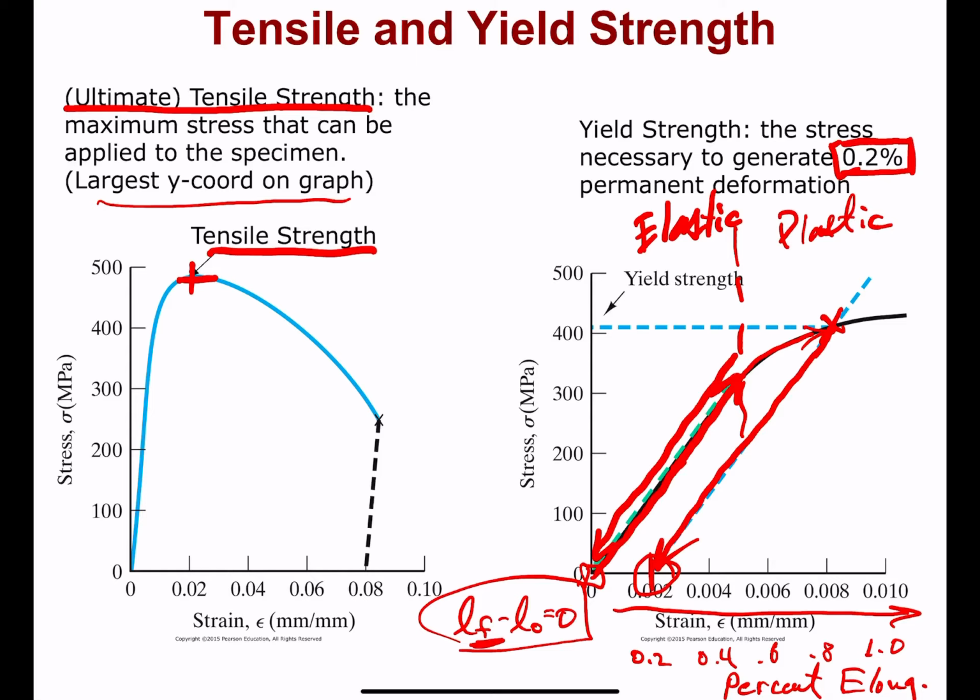So when this non-zero x value is the 0.2% elongation, this is how we think back to the amount of stress that led to that, and this is our yield strength. Okay, so saying that all in one sentence, it is the stress necessary to generate 0.2% permanent deformation on the object.